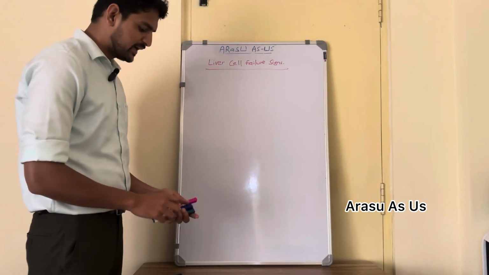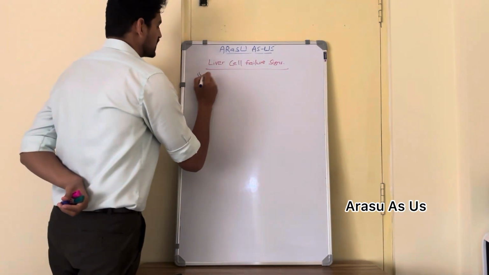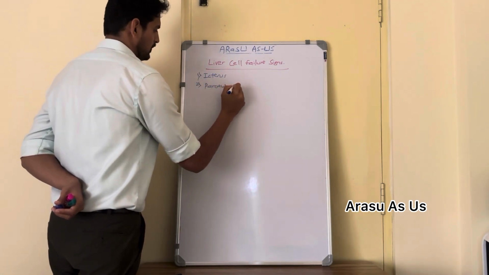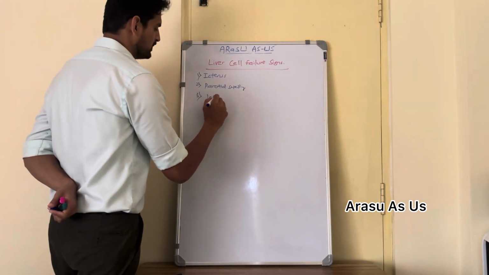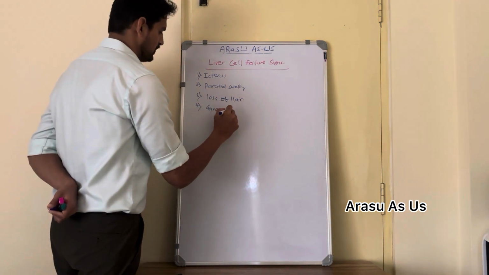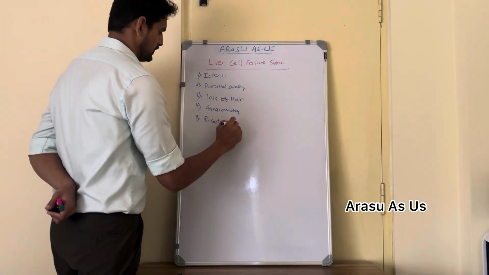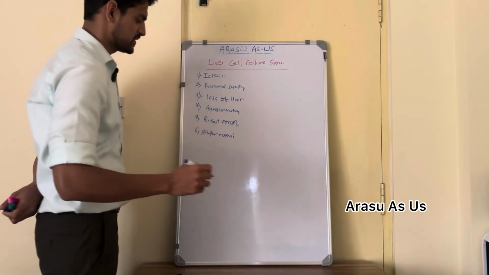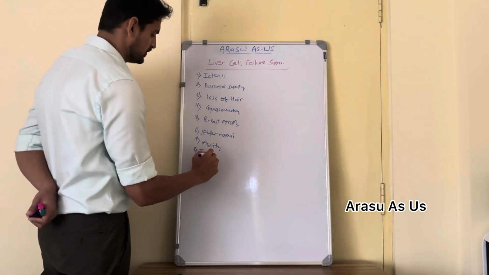So to sum up the findings, I will just mention the things from head to toe again. Icterus, parotid swelling in the head and neck. Then in the chest, we told that there will be loss of hair, gynecomastia, then breast atrophy, and spider nevi in the chest. Then comes ascites. In genitalia, there will be testicular atrophy.